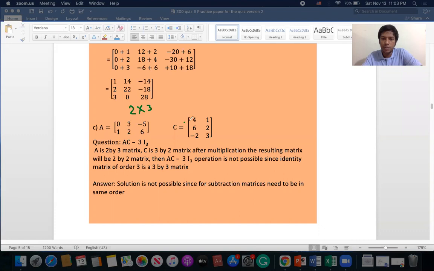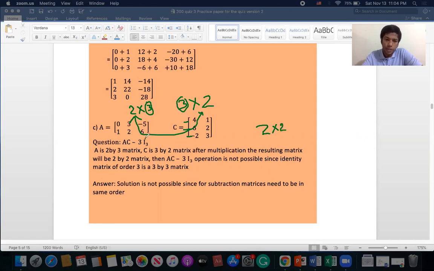And here it is 3 rows, that means it is a 3 by 2 matrix. Since this 3 and this 3 are matching, this multiplication is possible. After the multiplication, you will get a new matrix of order 2 into 2. Your answer will be a 2 into 2 matrix.